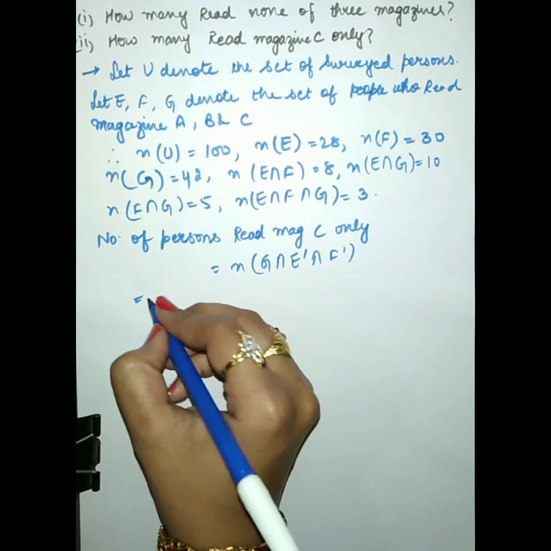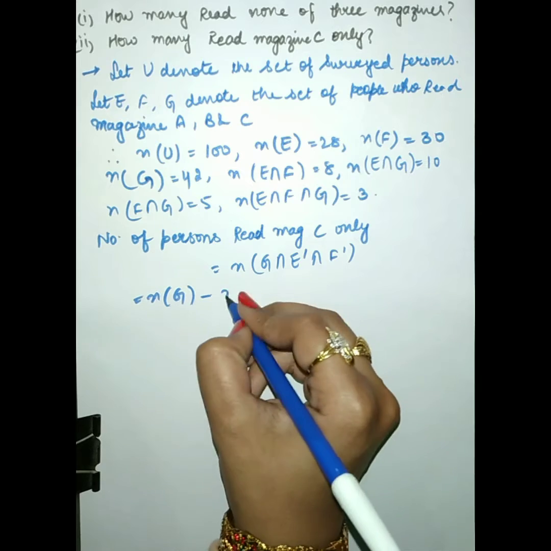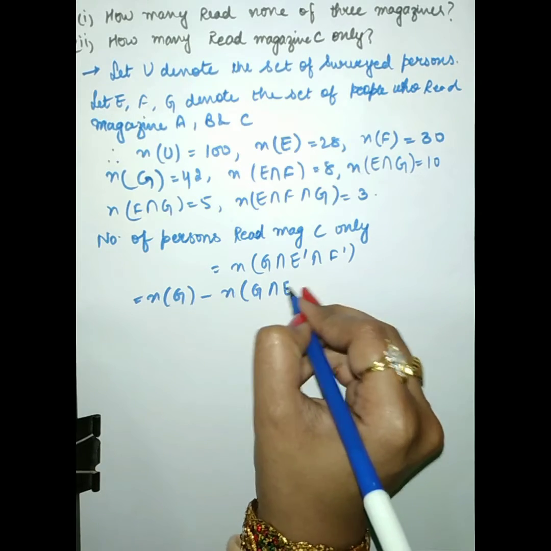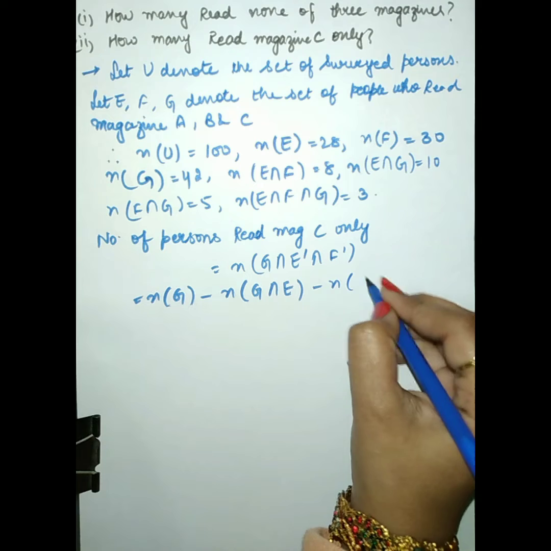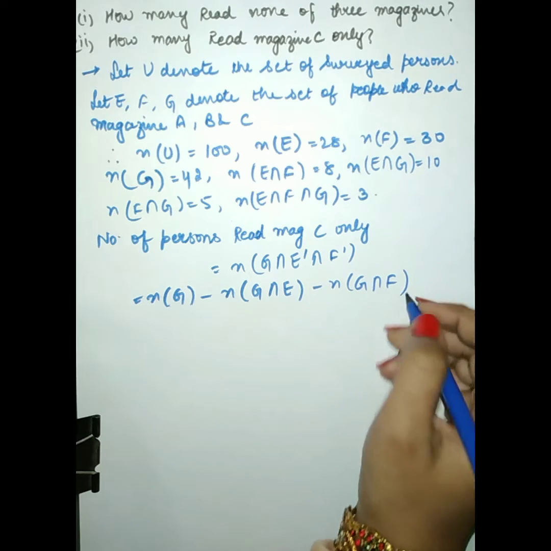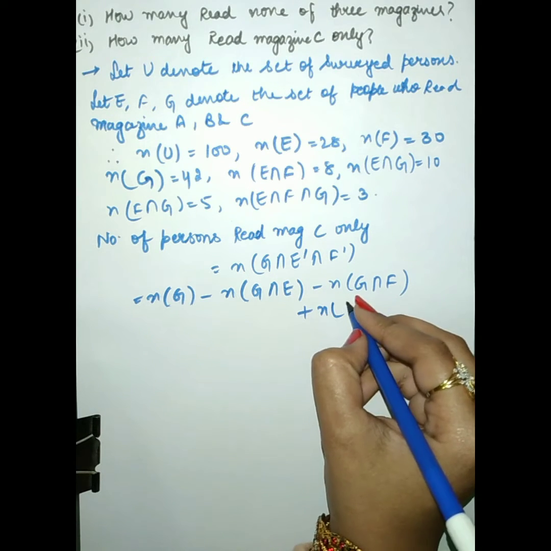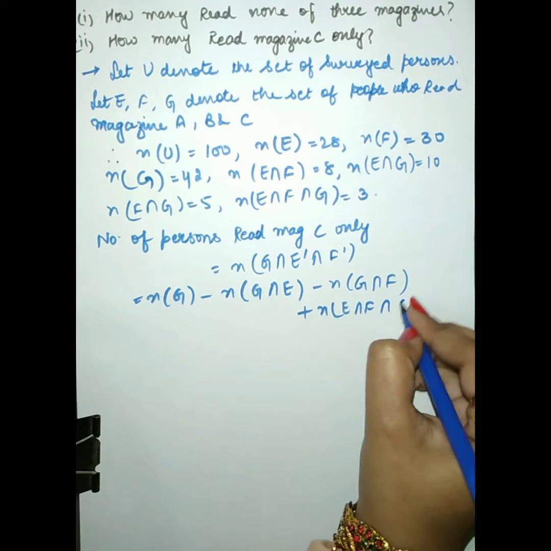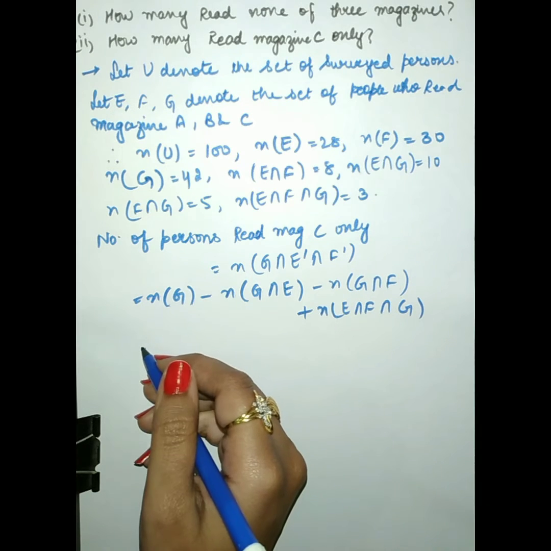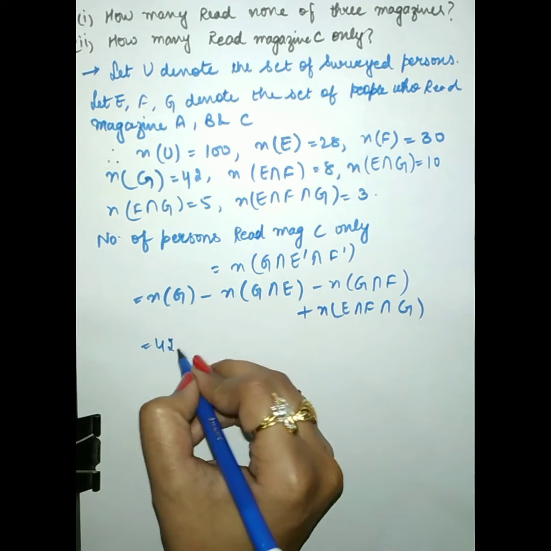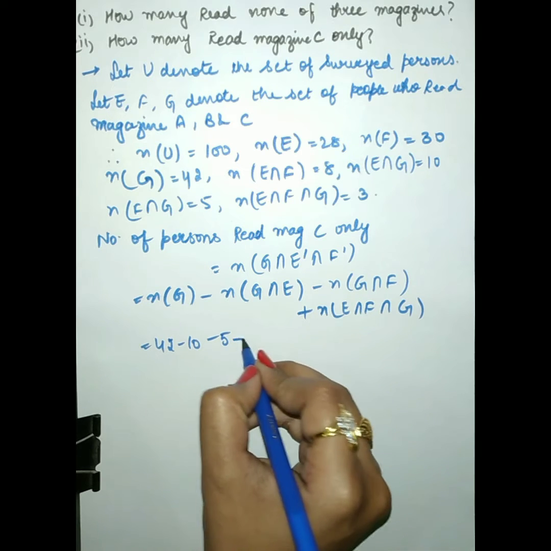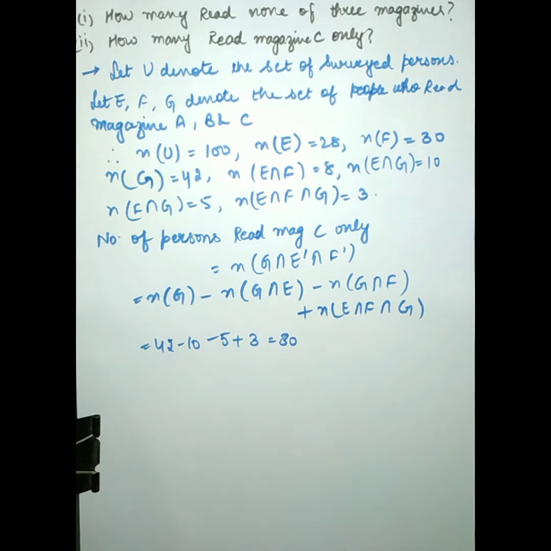Then it will be equal to n(G) minus n(G intersection E) minus n(G intersection F) plus n(E intersection F intersection G). Then it will become 42 minus 10 minus 5 plus 3, which will be equal to 30.